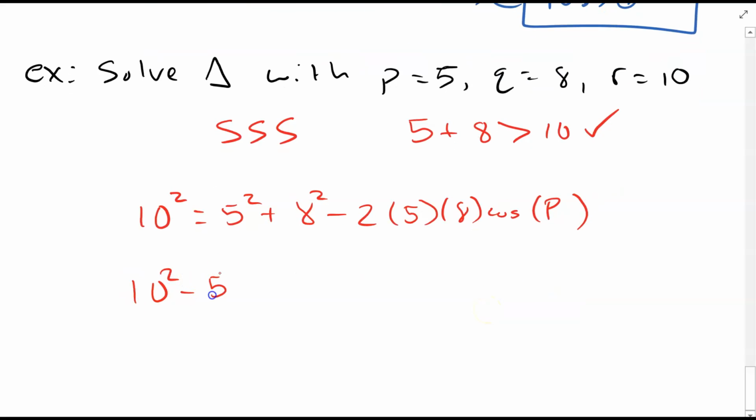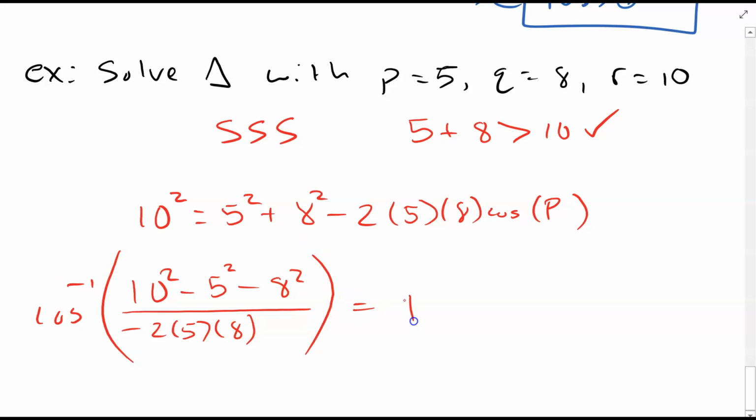So I'm going to subtract 5 squared from both sides, and then subtract 8 squared from both sides, and then divide by 2 times 5 times 8, and then take the cosine inverse of all of that stuff.